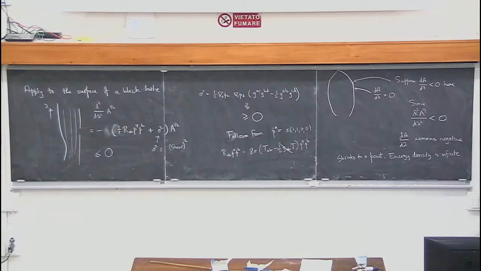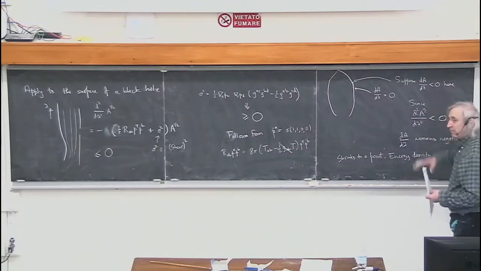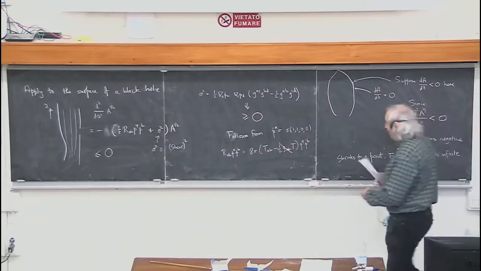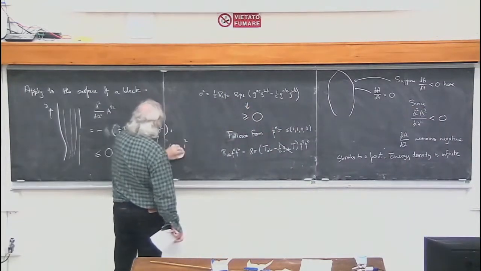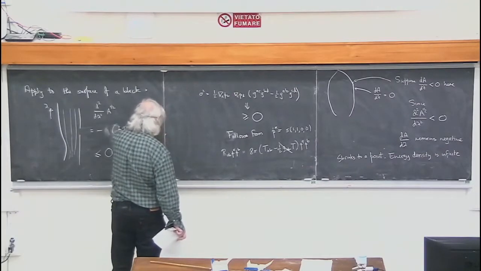If it shrunk to a point, that tells you that the energy density there is infinite. That actually is the basis of the Penrose singularity theorem. If I could show you that the energy density being infinite was the same as finding a curvature singularity, I would have proved the singularity theorem, provided dA d lambda was negative somewhere. So in that sense, it's almost a proof of the singularity theorems.